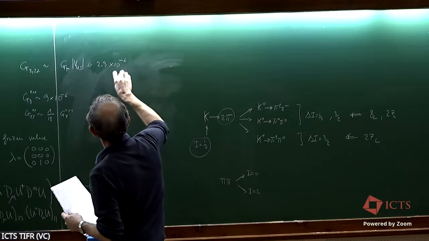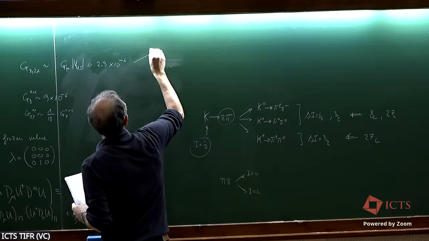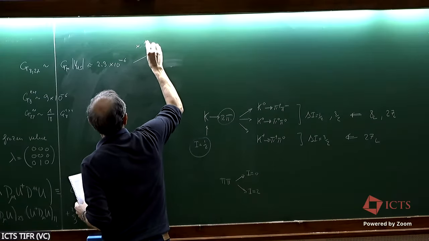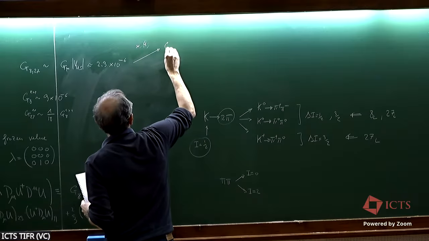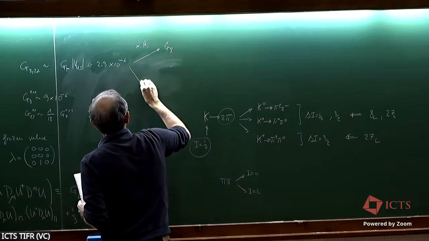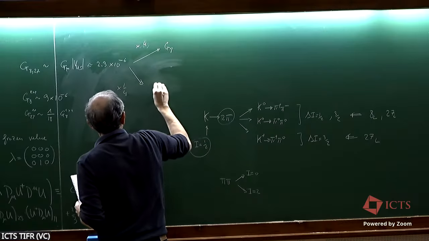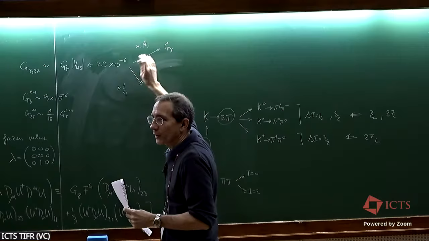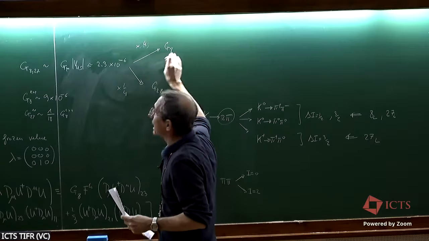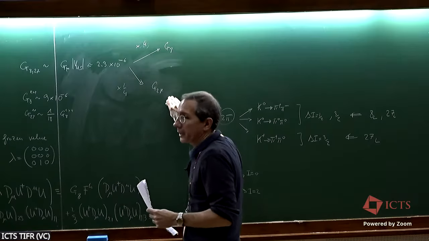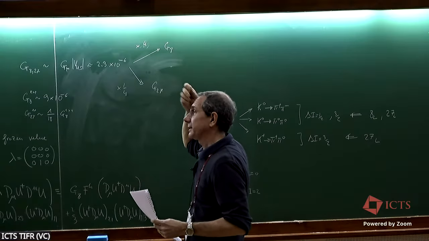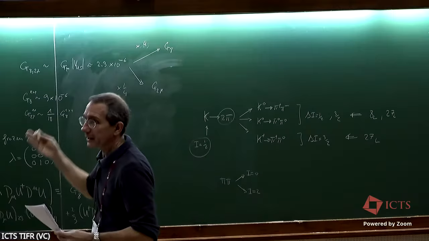So what I meant is that to go to G8, basically you have to multiply by 4, while multiplying by 1/4, you go to G27. Now there is nothing special in the 4, okay, it's a number, but there is an enhancement here and a suppression here. The interesting thing is that now we understand it in part from perturbative QCD.